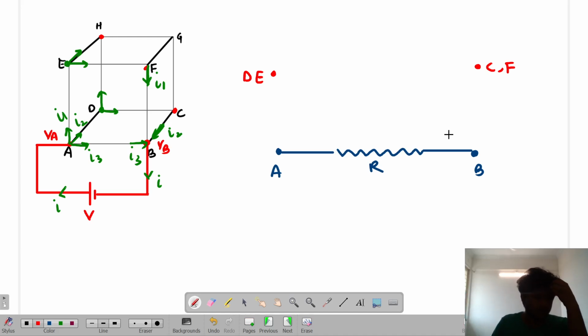Yes. So between D and E, let us just connect them. A and E, there is one resistor, and A and D, one more. Okay, so here also I will get this kind of circuit.